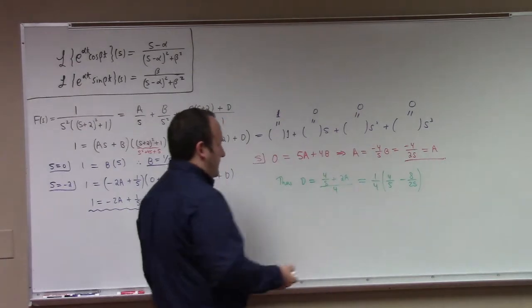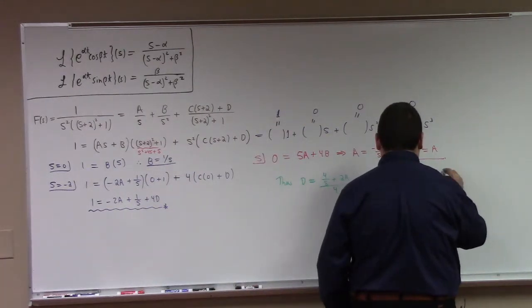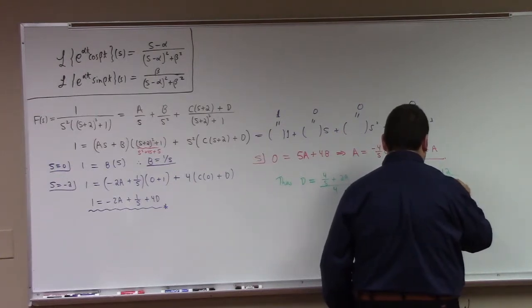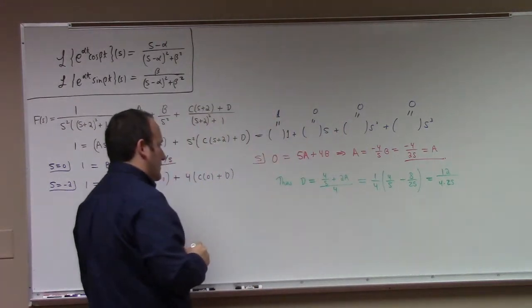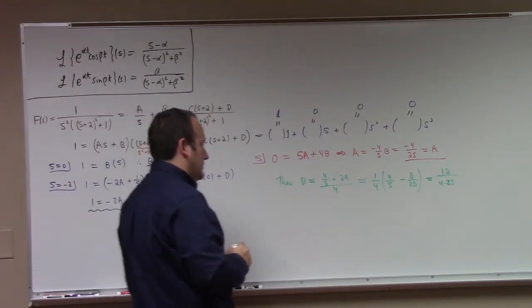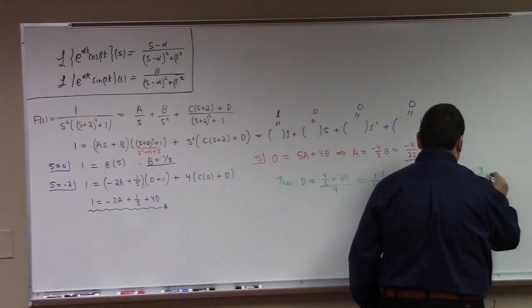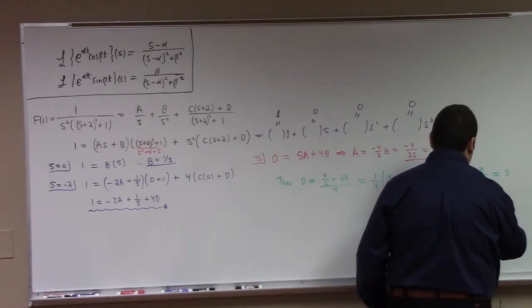Multiply the first by 5 over 5. I got 20. 20 minus 8 is 12. So I get 12 over 4 times 25, also known as 3/25, right?